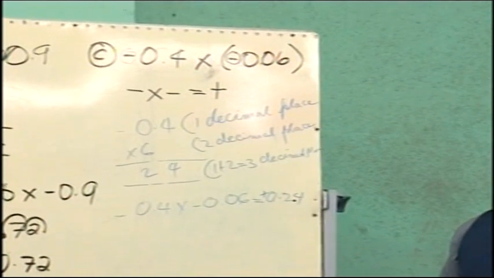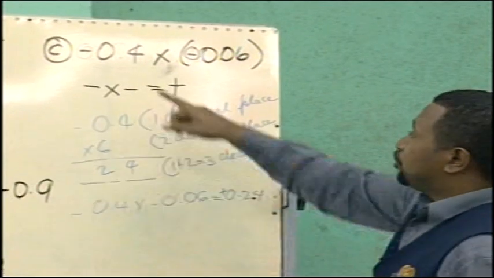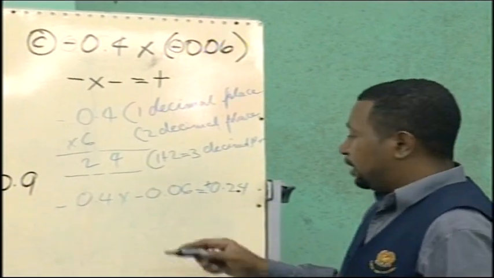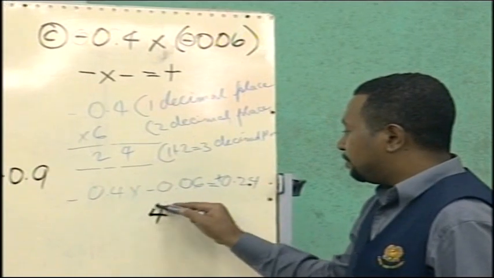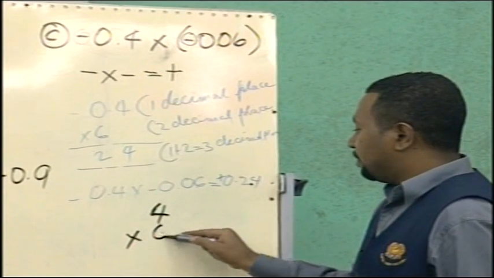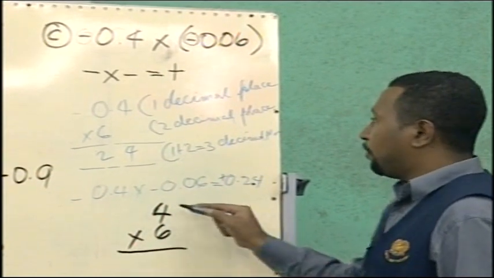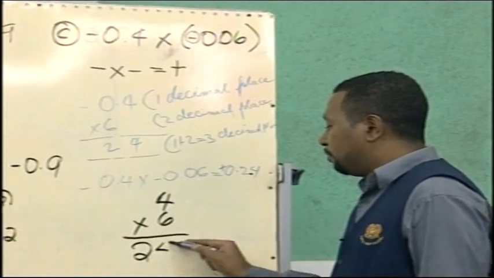Next step, we are going to multiply as whole numbers. So 0.4, what will be the whole number? 4 times 6. Very good. So 6 times 4? 24.